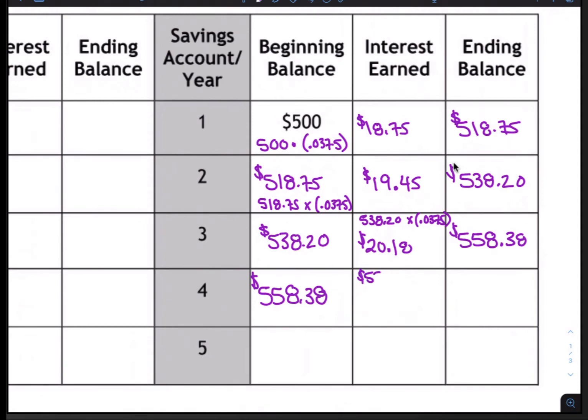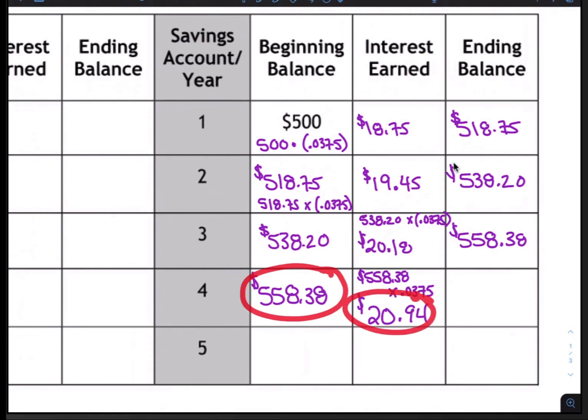So we take 558.38 times 0.0375, and that's going to give us $20.94 for the interest. Now we'll add the beginning balance here plus the interest, and that'll give us the ending balance here. So adding those two amounts comes out to $579.32.